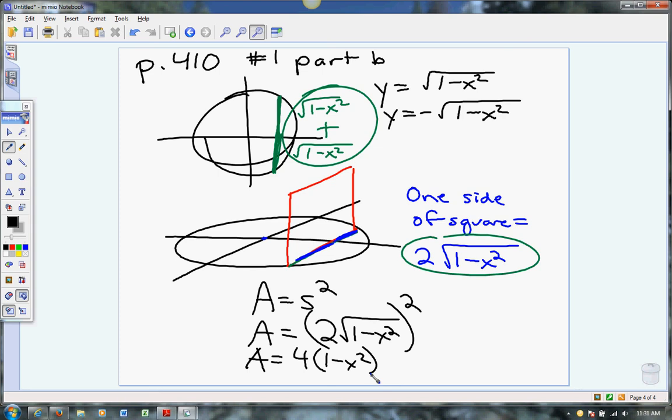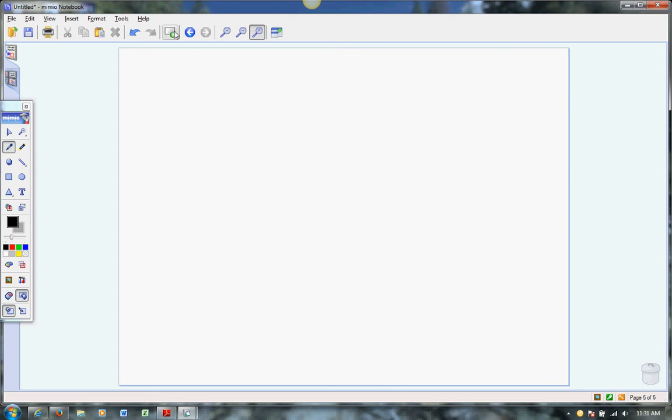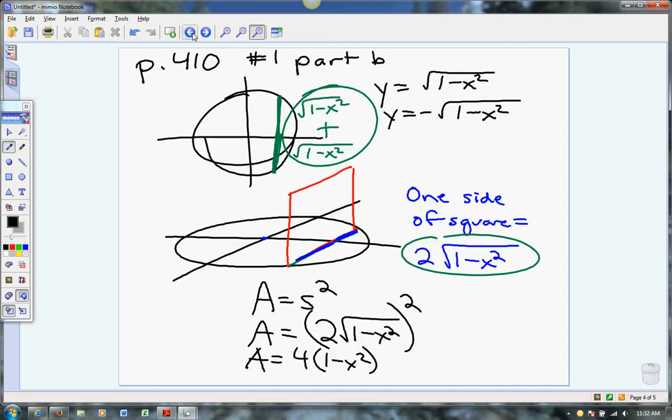Now, what if I wanted to find the volume of this mess? And I'm continuing the example even though the book doesn't ask you to do this. If I wanted to find the volume, well, let's go back here. What am I slicing off? I'm slicing off little squares, right? So how do I find the volume of any box?